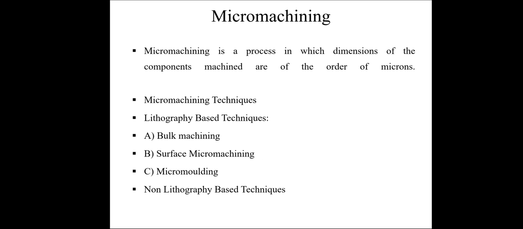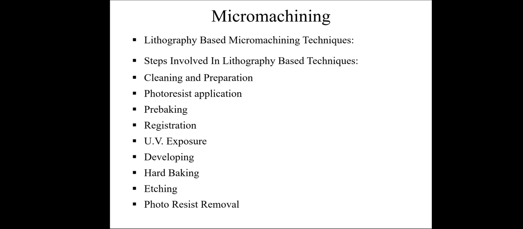And third one is micromolding. This process involves making a micromold which is then used to create microstructure of different materials like metal, ceramic, plastic, and semiconductors.